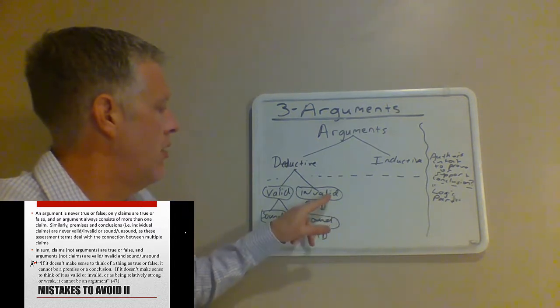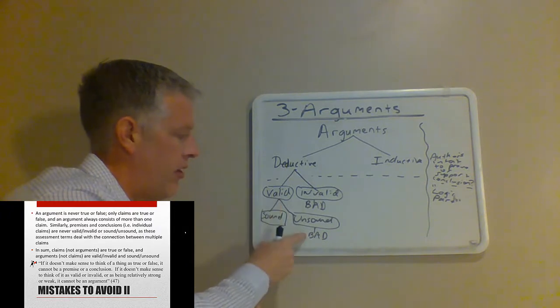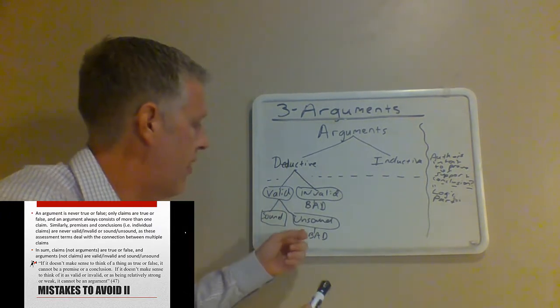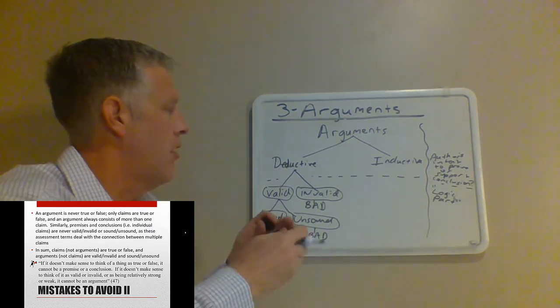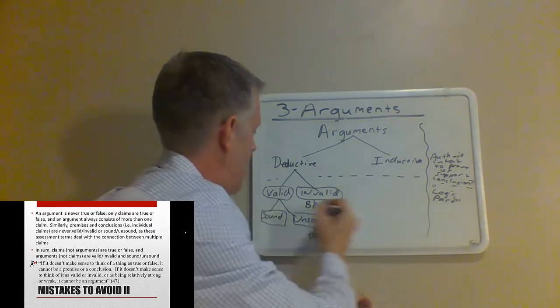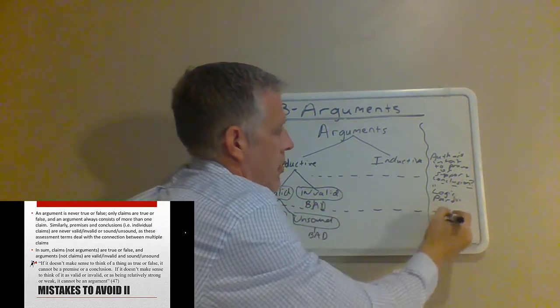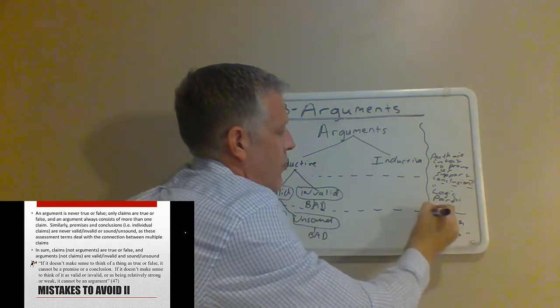You already know it's bad if you can assume the premises are true and the conclusion can still be false. But let's say it was valid. Well, then there's another way. If some of the premises are ludicrous, obviously false, then that's still a bad argument. It's unsound because one or more of the premises are false. So that would be the truth part, as we've been referring to it.